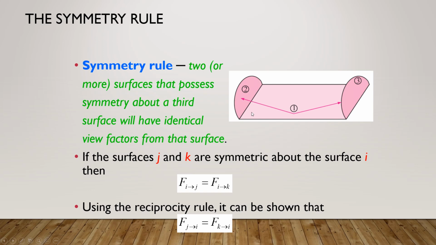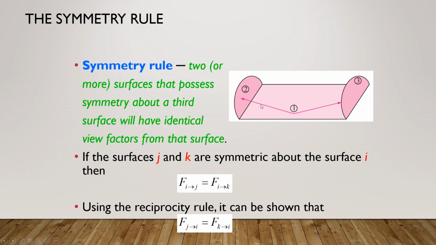If you take a look at this figure, if 2 and 3 have the same dimension, for the radius and area, then you are concluding that 2 and 3 have the same area, therefore F1 to 2 will be equal to F1 to 3. That is what the symmetry rule is all about.